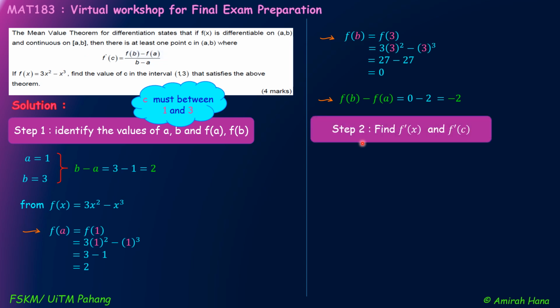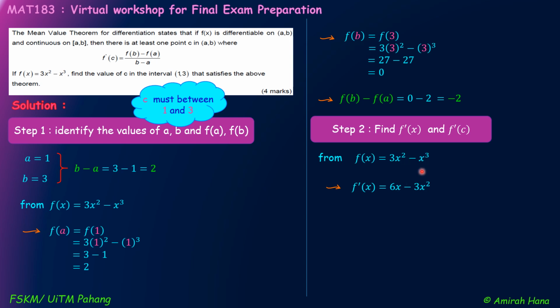And then step 2, find f'(x) and f'(c). From f(x) equals 3x squared minus x cubed, to find f'(x), we just differentiate one by one, because in between here is a minus sign. So it means that we differentiate using the sum and difference rule.